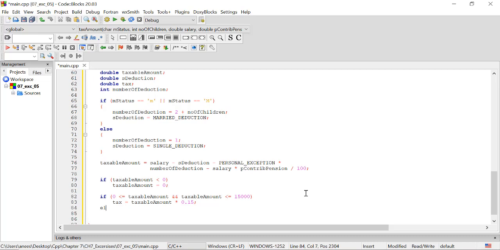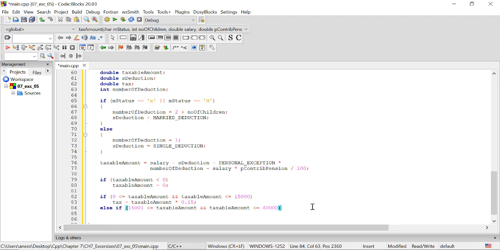Else if 15,001 is less than or equal to the taxable amount, and the taxable amount is less than or equal to 40,000. Oh, sorry, this is 40,000.